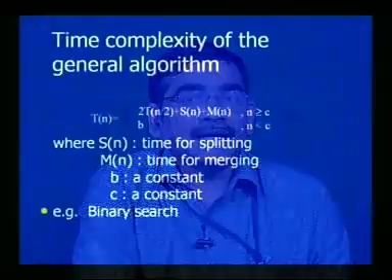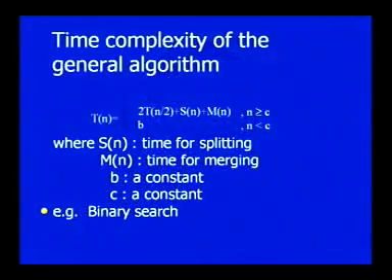The complexity analysis of divide and conquer generally becomes an equation like this: T of n is equal to, you are trying to divide the instance into equal parts preferably. So, that means it will become 2 into T of n by 2. You can see very well your instance becomes exactly half.